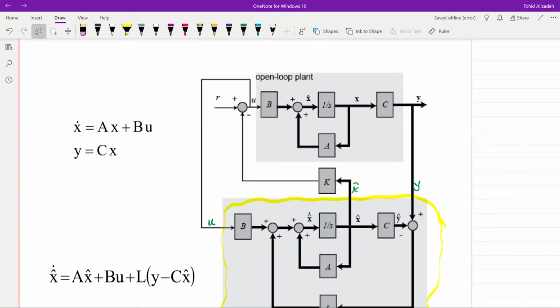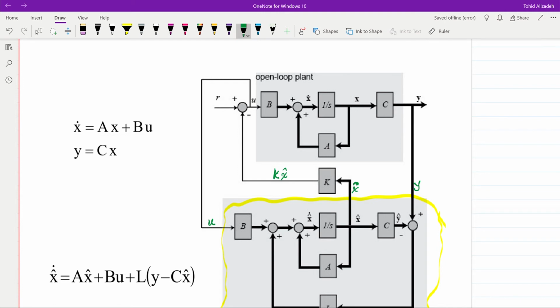So for the full state feedback, we know that x should be multiplied by the controller gain K, and then it will be deducted from r. Here, instead, x hat is being multiplied by the feedback gain K.